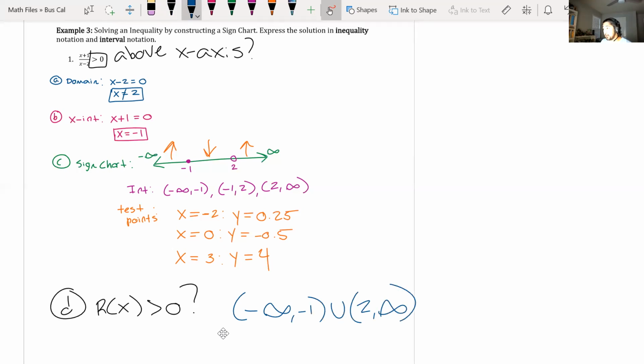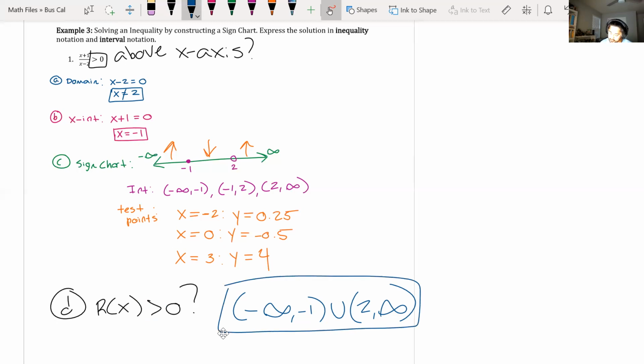And now here is where you could put a bracket on the -1, but you're not going to, because what does this inequality say? Greater than. You would only put a bracket if it said greater than or equal to. Good, good. All right, so these are the intervals where we are above the x-axis.